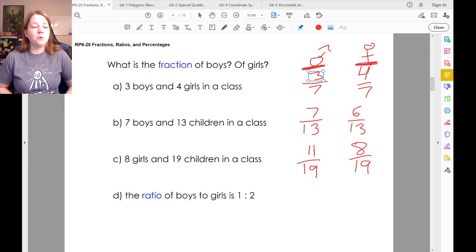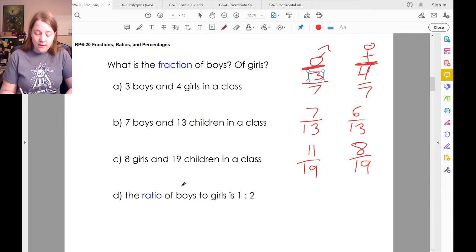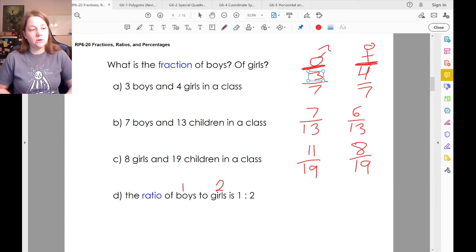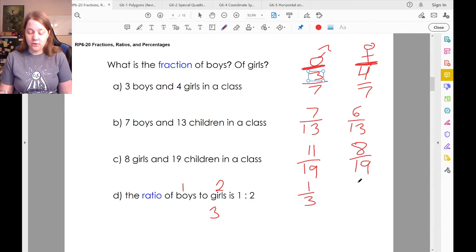If the ratio of boys to girls is 1 to 2, that tells me there's 1 boy for every 2 girls, which tells me there would be 3 people total in this circumstance. So the ratio of boys is 1 to 3. Ratio of girls is 2 to 3.